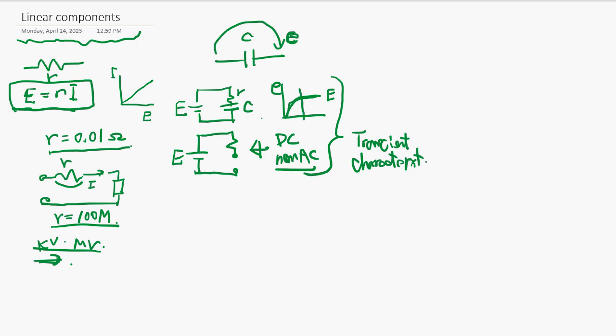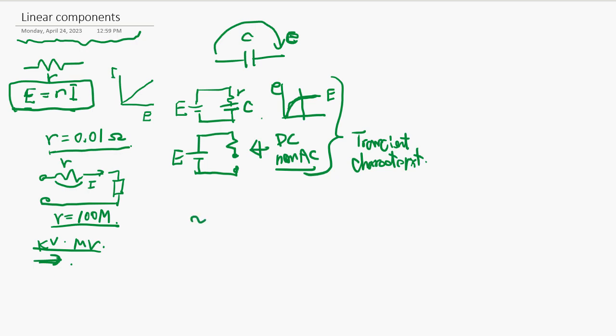This is a transient area. After the transient characteristic, it becomes the same as not connected. It's disconnected.